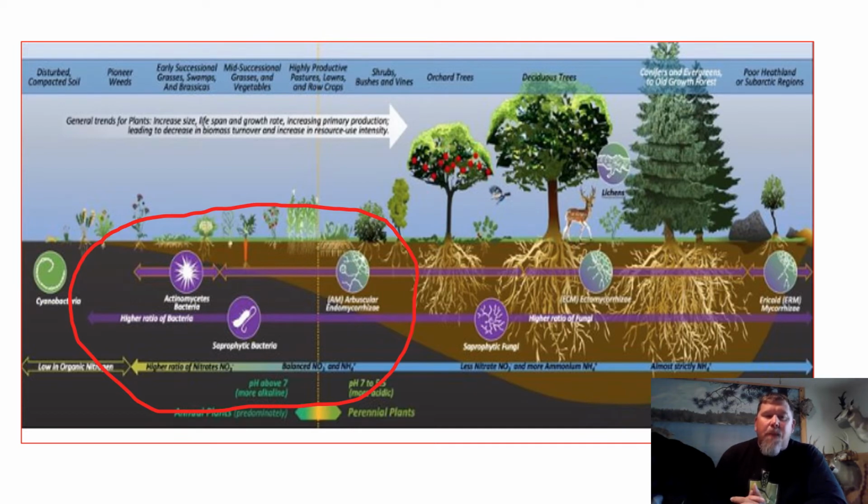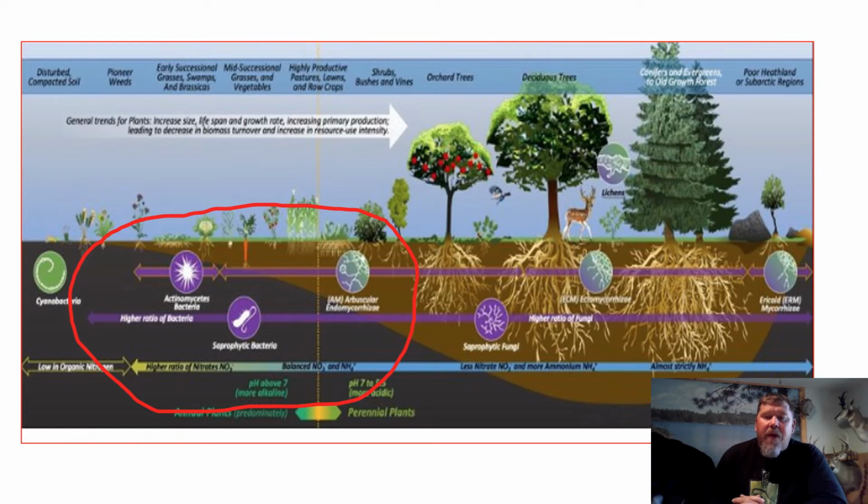So we have set back what would take nature hundreds, maybe a couple hundred years to be able to develop. We are destroying that fungal biomass and returning that soil back to a heavily bacterial dominated soil.